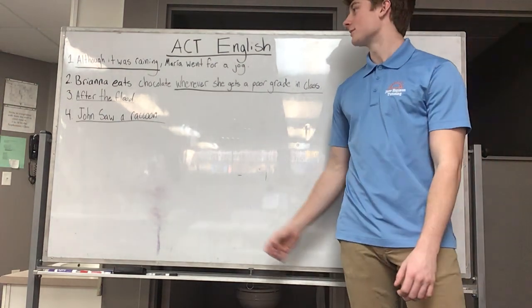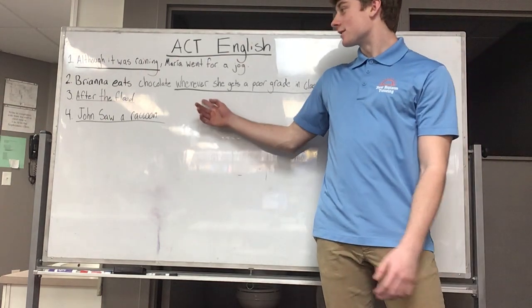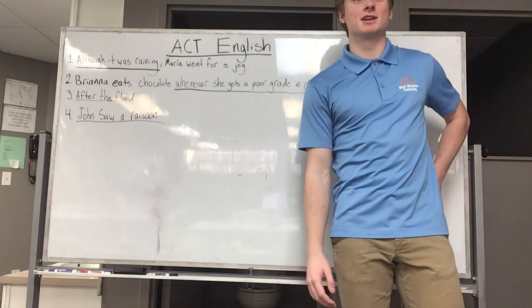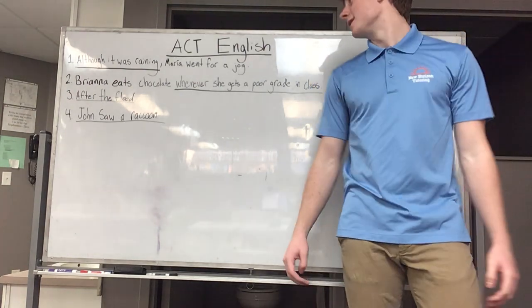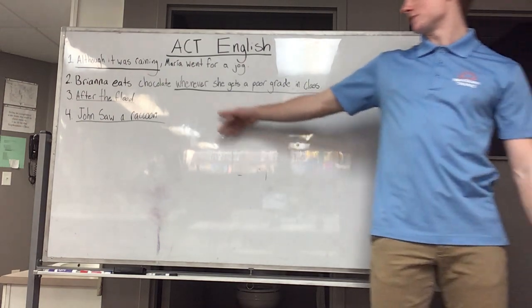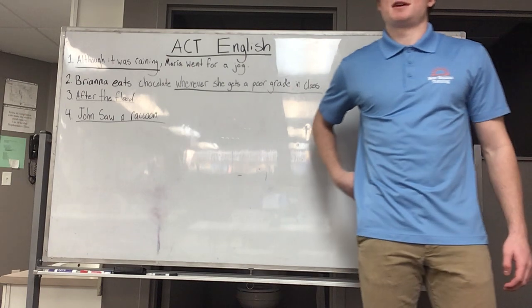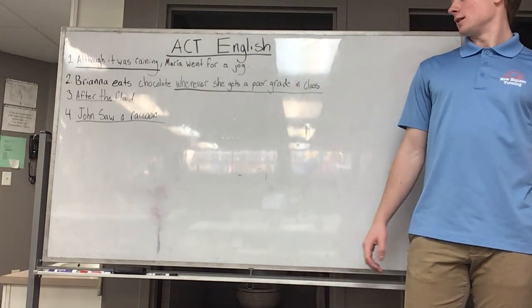Independent. Yep, you could just have that and it makes sense by itself. This underlined part, whenever she gets a poor grade in class, independent or dependent? Yep. Again, it's mostly because of this word whenever. That makes it a dependent clause and it couldn't be a sentence by itself.